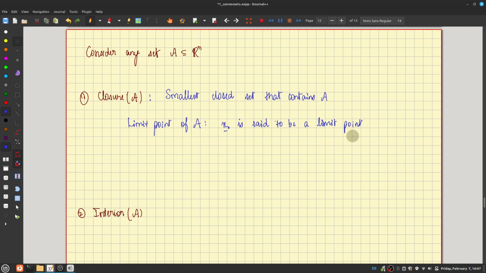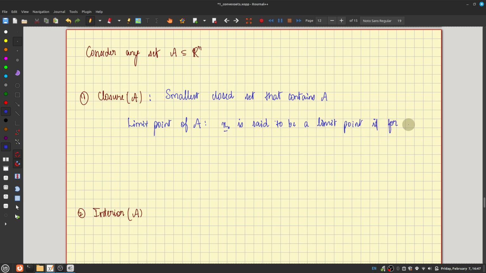One way to define this is if it can be represented as the limit of some sequence of convergent or Cauchy sequence of points from A. Another way to say this is, if for every epsilon greater than 0, I'm always able to find some point from A that is within an epsilon distance of x naught, then that qualifies as a limit point, because then I can construct a Cauchy sequence that converges to x naught.